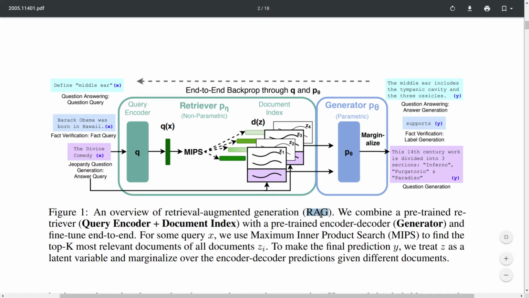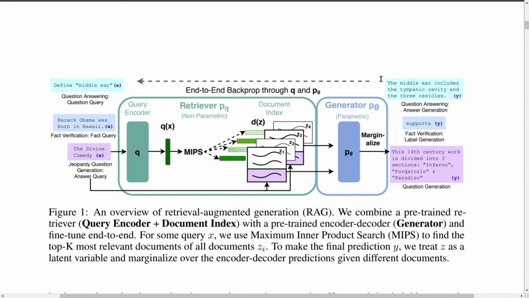The first flavor, RAG sequence, is retrieving only a single document from a database and only conditioning the generator on a single document. The second version, RAG token, is actually retrieving a collection, let's say 5 documents, and then during the generation the generator is able to switch between the different documents, which might be beneficial in particular if they contain quite diverse information.